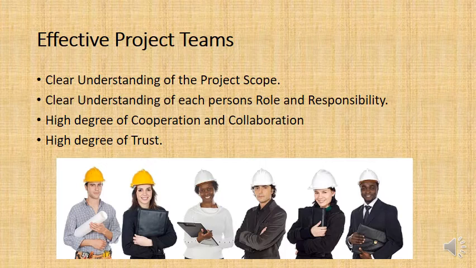If they don't have that, then they're likely to achieve their work package in a way which is deviant from the project scope. They also need to have a clear understanding of what their roles and responsibilities are, not only for their work packages but also other people, so that way they can actually collaborate.